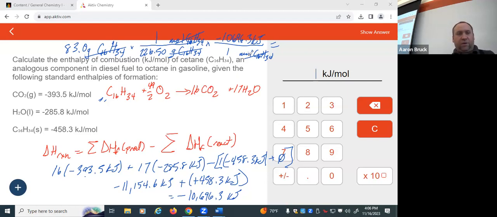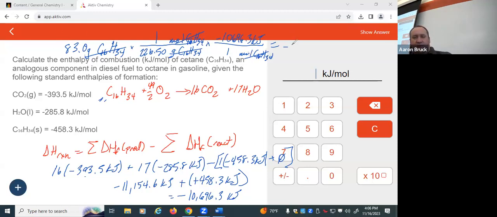So 83 times negative 10,696.3 divided by 226.5. Do 3 significant figures because that's all we have in this mass measurement.